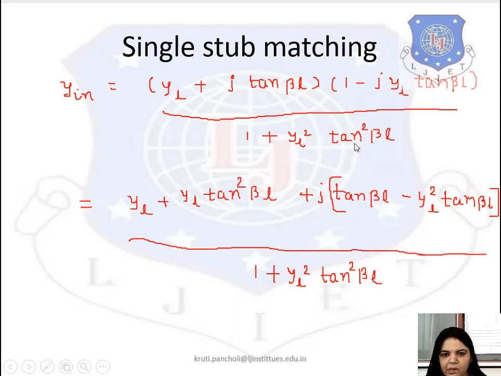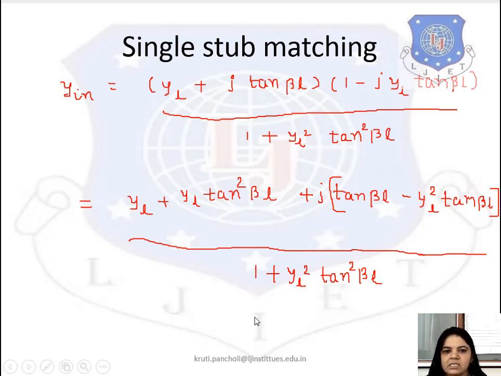Now I want to separate the real and imaginary parts. So this is YL, and we write YL here. Then for the other part, j tan βL times j YL tan βL: j² is minus 1, but there is a minus sign outside, so minus minus is plus. So it is YL tan² βL, plus j (tan βL − YL² tan βL), upon 1 + YL² tan² βL.